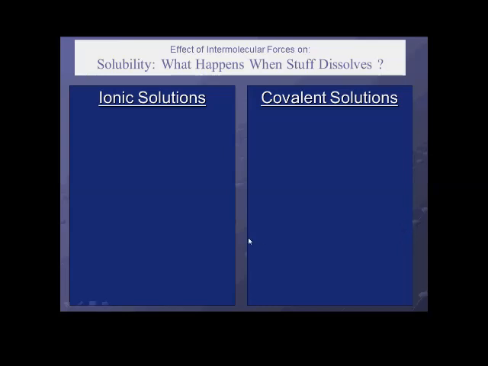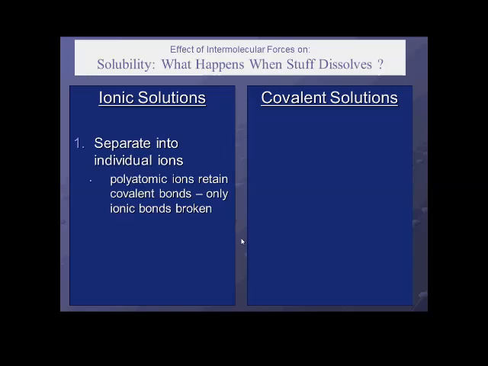Now, from the video, you should have seen that when ionic substances dissolve, they separate into individual ions. And if you have a polyatomic ion, and this was not shown in the video, remember, a polyatomic ion is one that has atoms covalently bonded in a group to make an ion, such as nitrate.